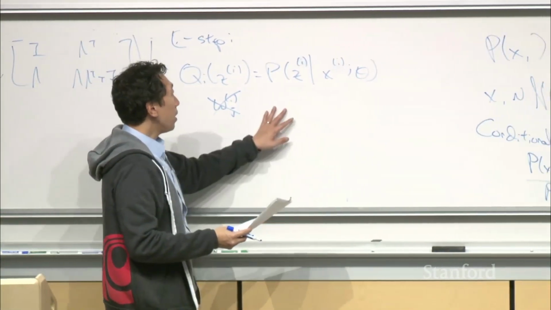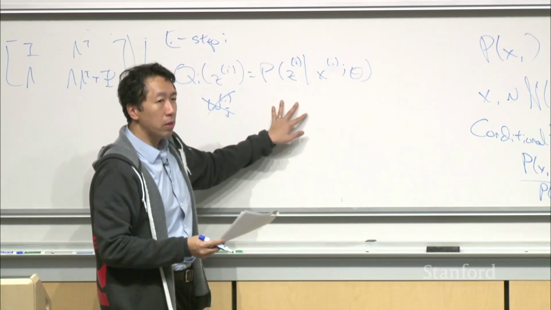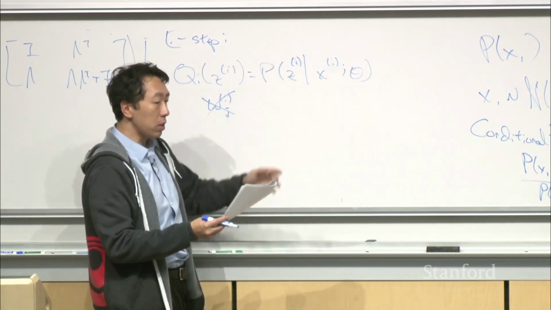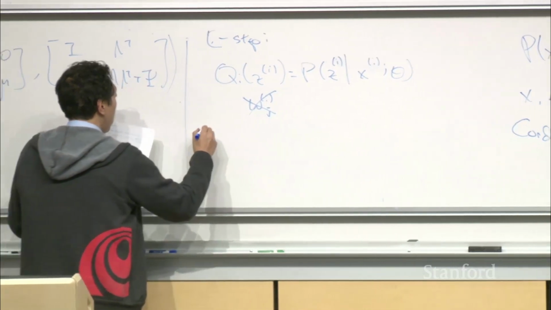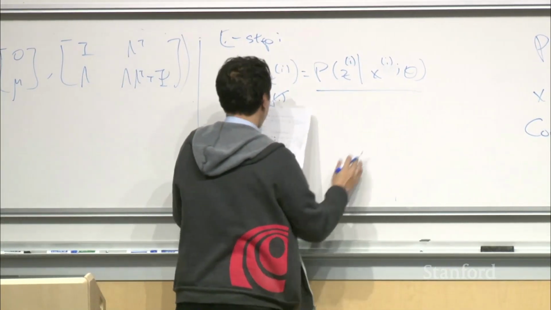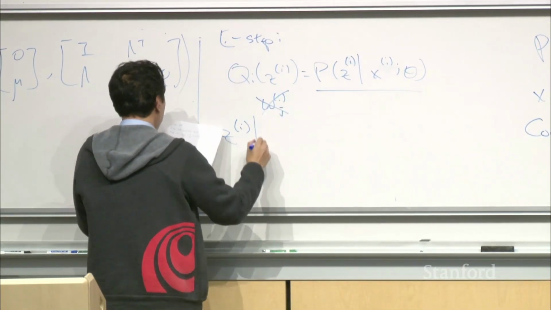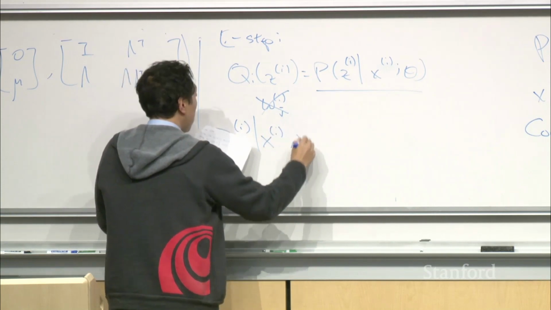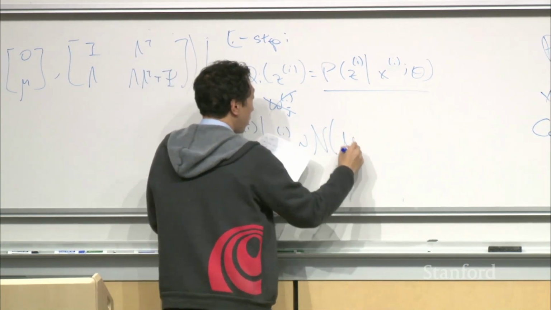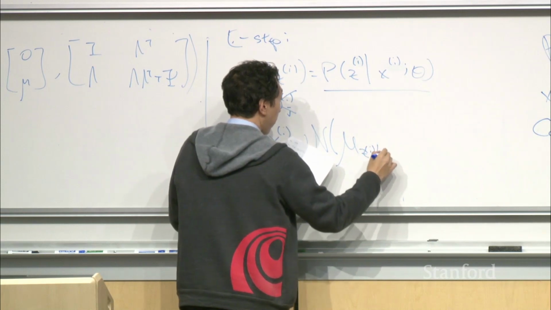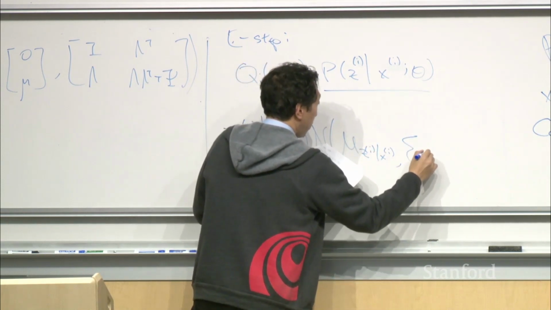Using the formulas we have for the conditional distribution of a Gaussian, if you compute this right-hand side, you find that z_i given x_i is Gaussian with some mean and some covariance.